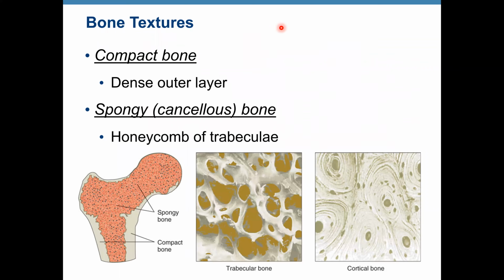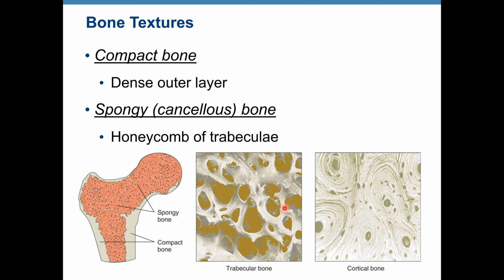Bone texture. So texture can be divided into compact bone and spongy or cancellous bone. And compact bone is a dense outer layer. So if you look over here at the femur, the outer layer is compact bone, and spongy is a bone that is deep to compact, and it has honeycomb trabecula.